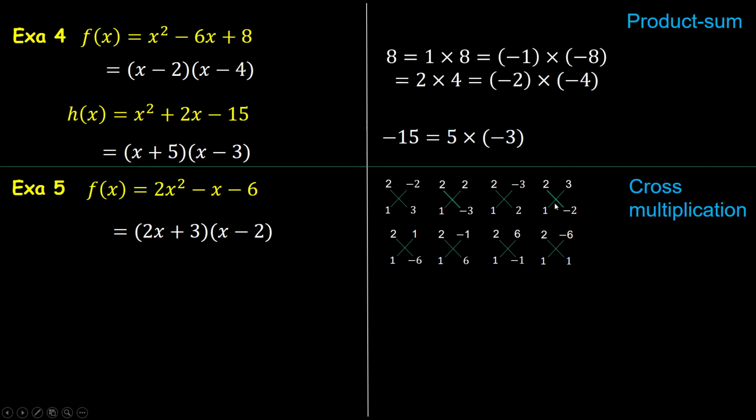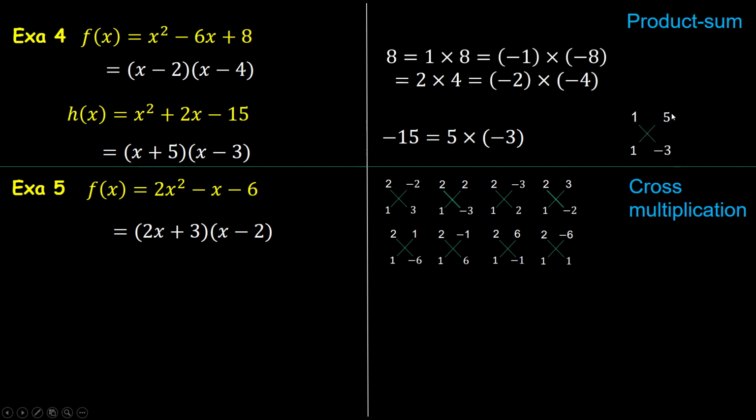And again, that's because we already checked that cross multiplication gives you minus 1. Okay, so that's cross multiplication. Again, they are similar ideas, but cross multiplication works more generally when the coefficient here is not necessarily 1.